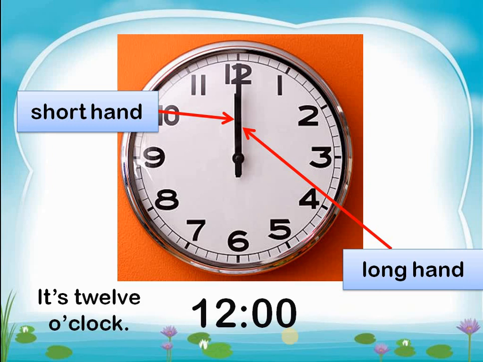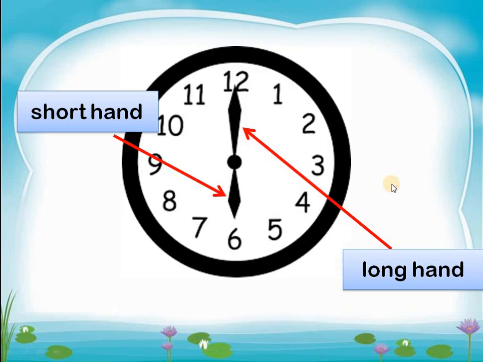Next, let's look at this clock again. Can you tell me what is the time? Let's look at the short hand. Ingat, mesti tengok short hand dulu. Jarumnya pendek. What number is it pointing at?